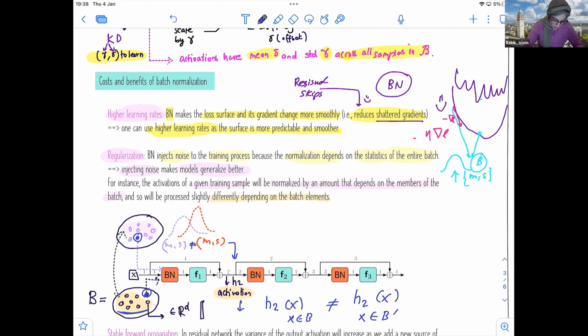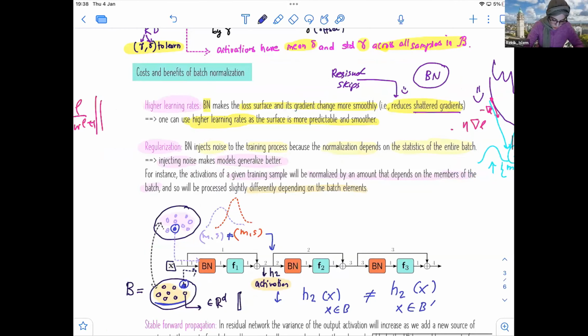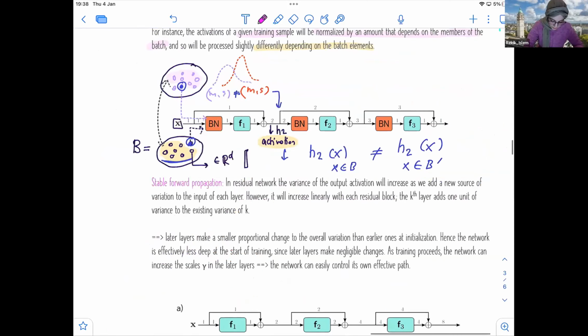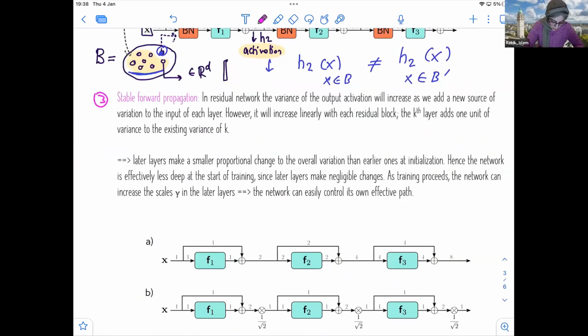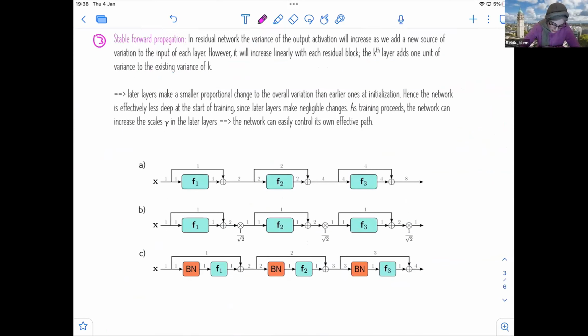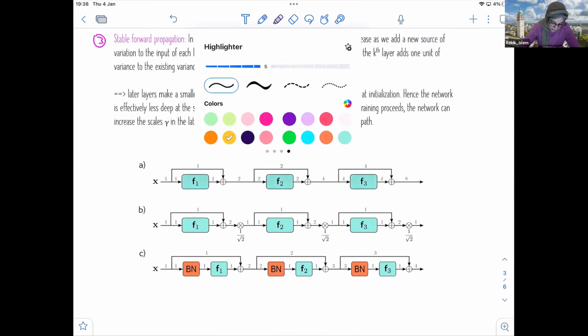Now, we have seen two benefits of batch normalization. The first one is higher learning rate, the second is regularization. And the third one is stable forward propagation, okay? Stable forward propagation means that the variance of the input activation, we talked about the variance.